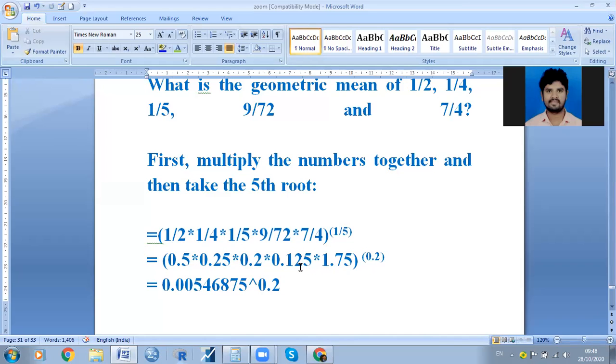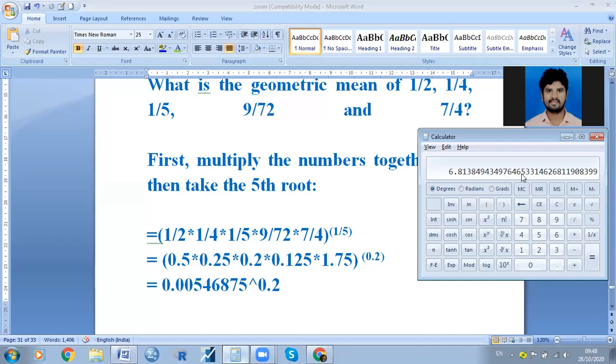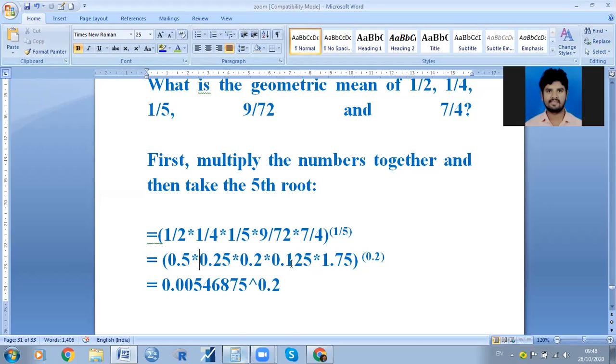Then into 7 by 4, so you will get 1.75. The power is 1 by 5, which is 0.2.